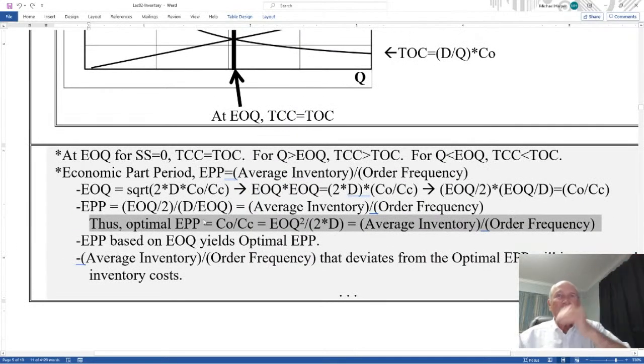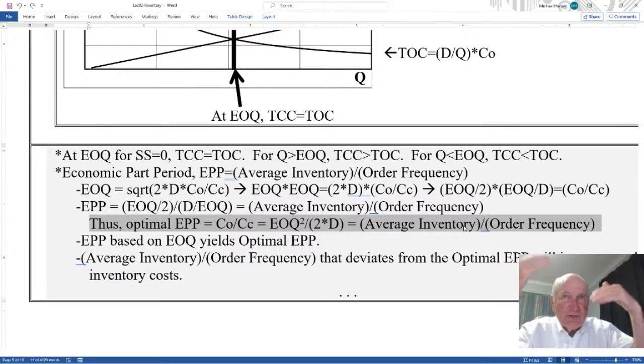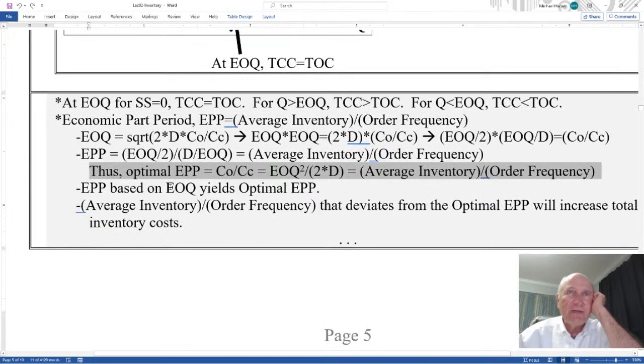So the EPP, or the economic part period, is where you use the EPP with the turnover rate and balance these out. There's where the balance comes, with cost and service level. And it's not just turnover rates, it's turnover rate and the EPP. So the EPP based on EOQ yields the optimal EPP. This is optimal because we have EOQ.